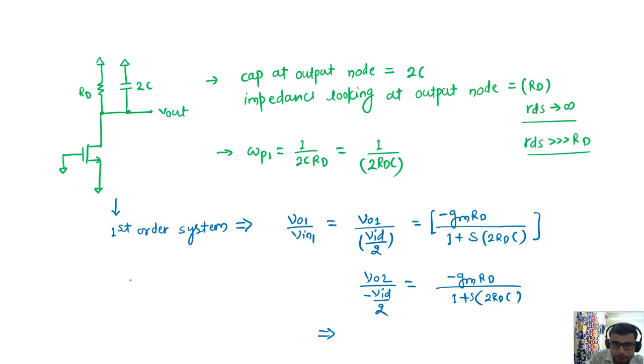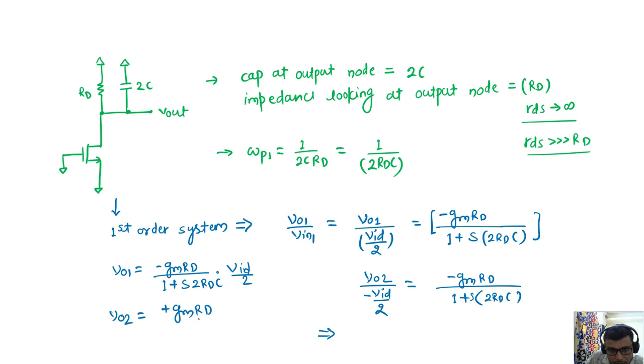So what is my V out 1? It is nothing but minus GMRD by 1 plus S 2RDC times VID by 2. Similarly, we can find V out 2, which is plus GMRD by 1 plus S 2RDC times VID by 2.